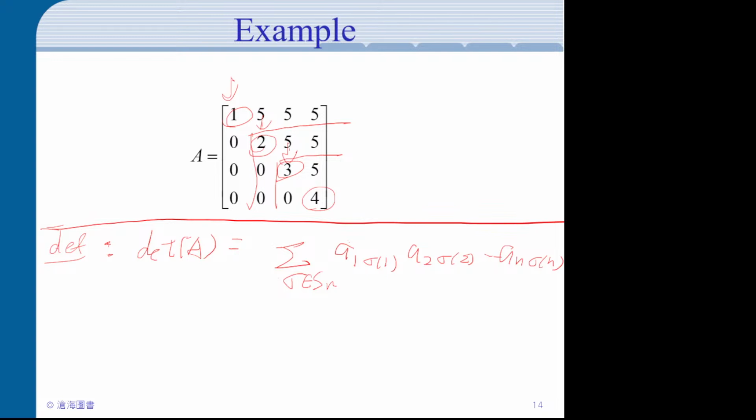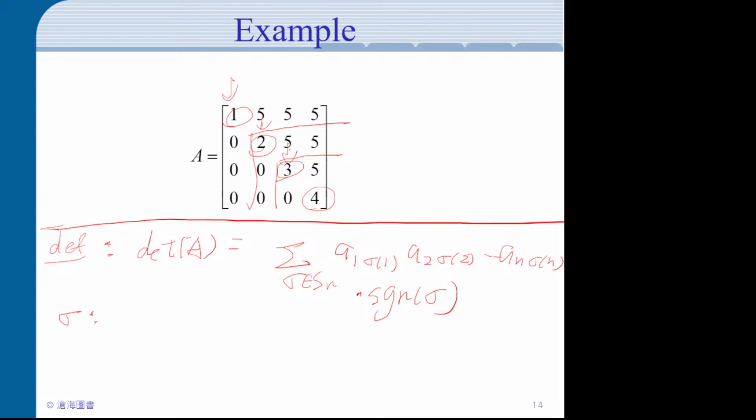Those are all multiplied together, and then we need a sign factor. That's the sign of the permutation, which is very hard to define without talking more about combinatorics.